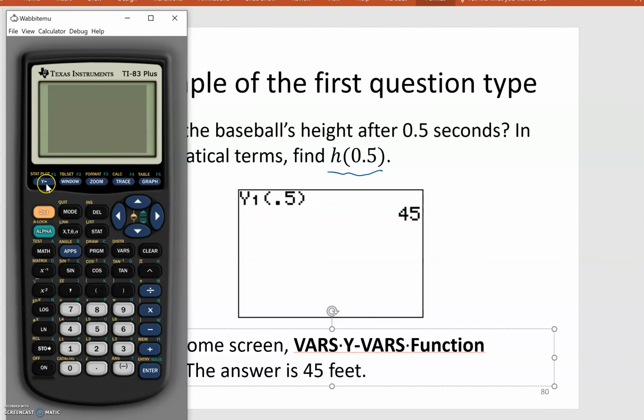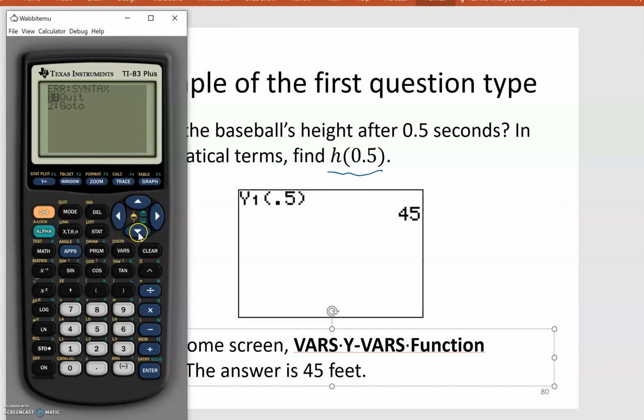I'd first have to enter the function, so let me clear all this. I'd enter my function, negative, and make sure you use the negative sign button for stuff like that and not the minus. So negative 16x squared plus 49, there's my function. And I want to do vars, yvars, so I'll go to vars, yvars, enter y1, evaluate 0.5.